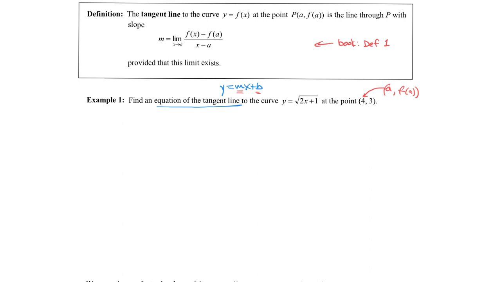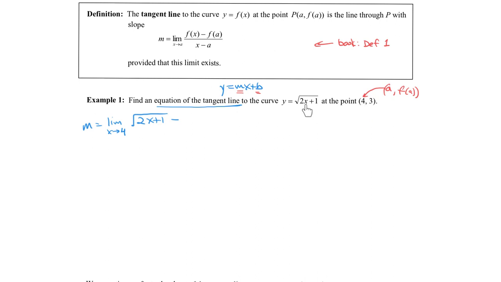So the formula says m equals the limit as x approaches a. a in our case is 4. And we've got f of x, which is the square root of 2x plus 1, minus f of a. Okay, so here's a, and here's f of a. Now you could find f of a just by taking a, which is 4, and plugging it in here, right?